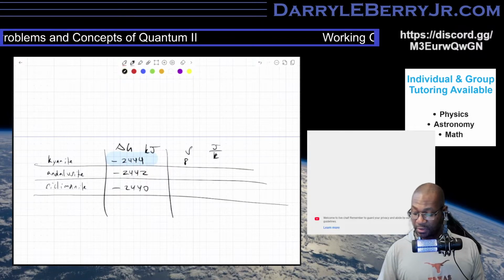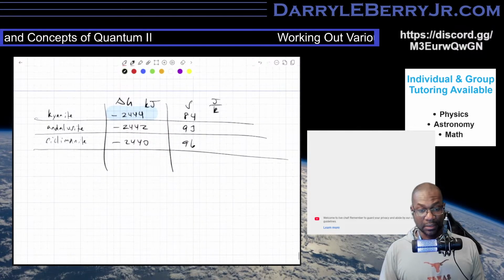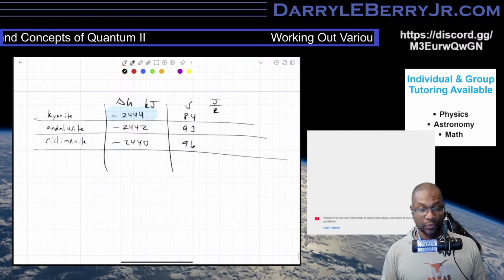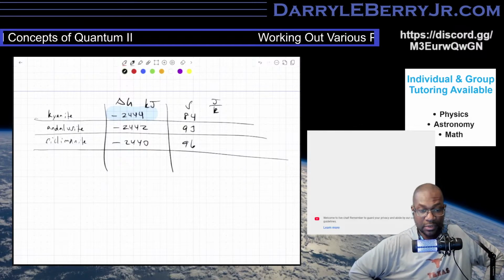And the entropy goes like 83, or to say 84, and the entropy here is 93, and the entropy here is 96. And the question asks to calculate the temperature at which one of the other phases should be stable at the same pressure.